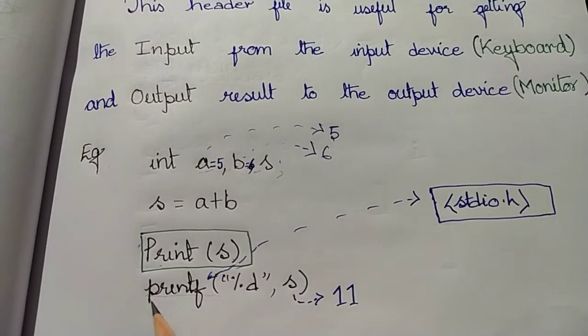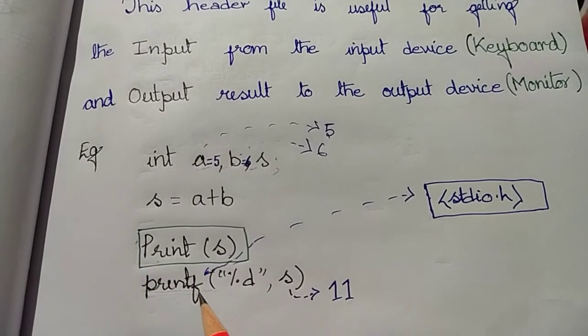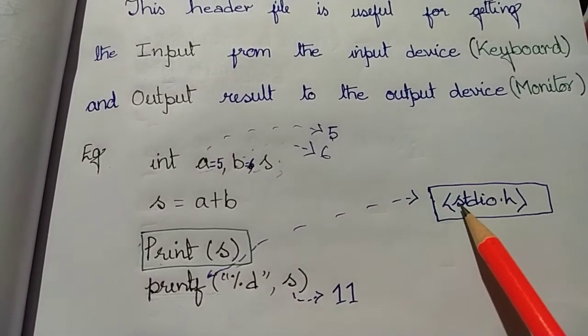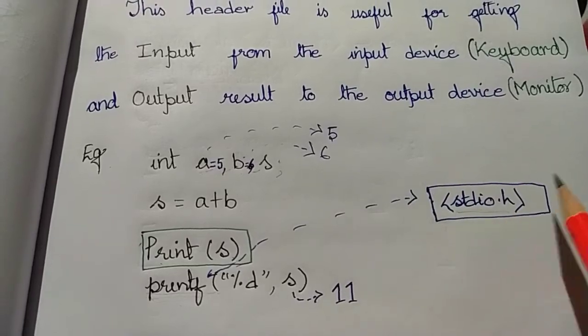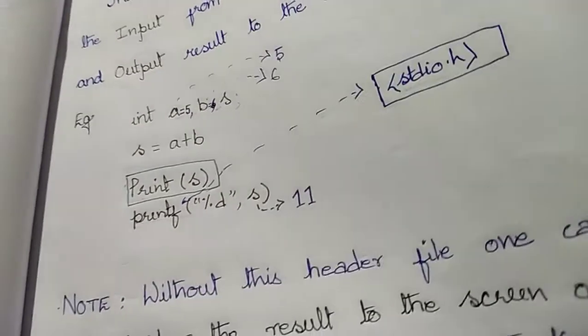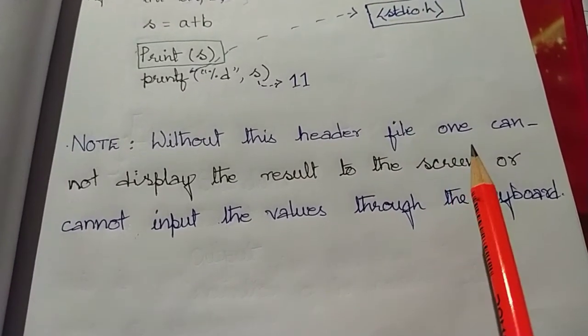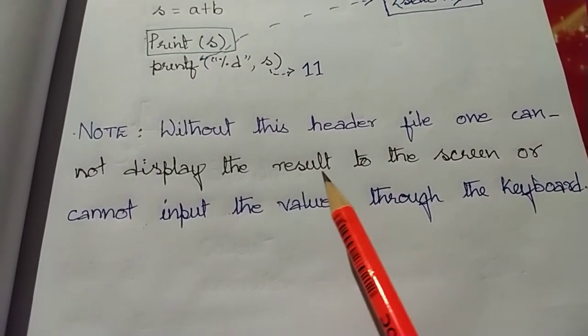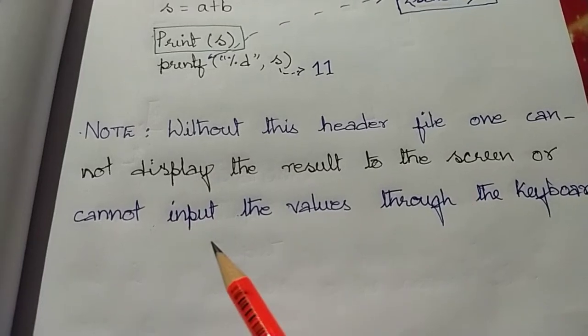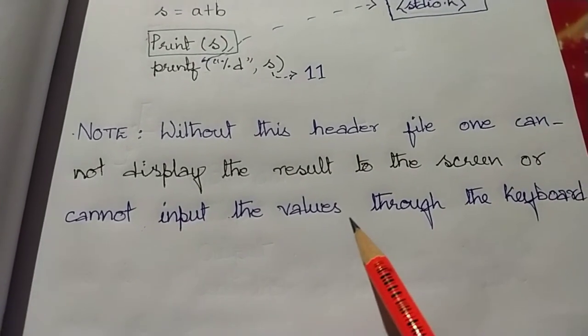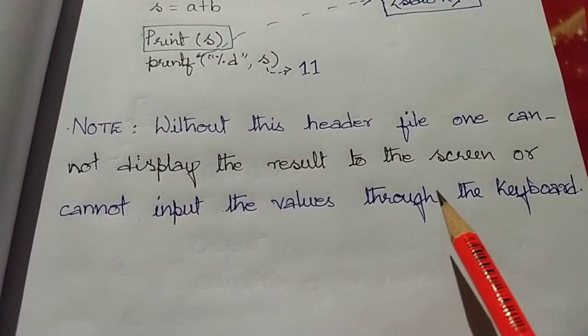Over here, because I'm using the printf, therefore I require the header file what? stdio.h. Remember, without using this header file, no one can display the result to the screen, or input the value through the keyboard.